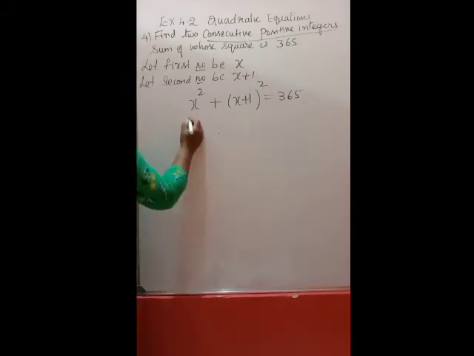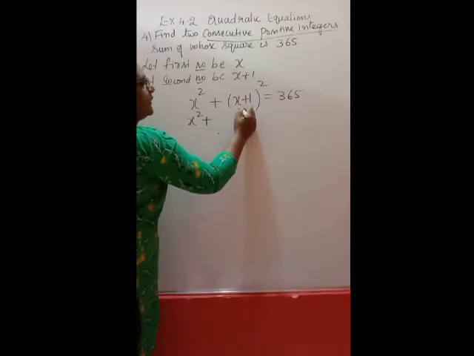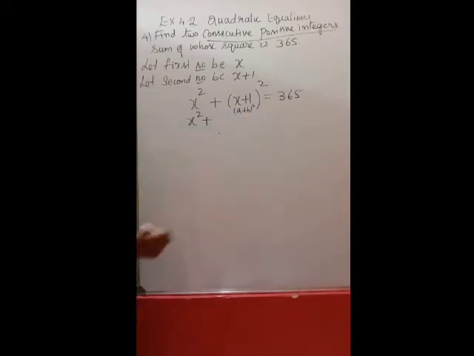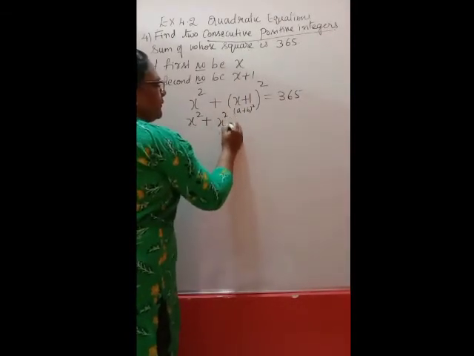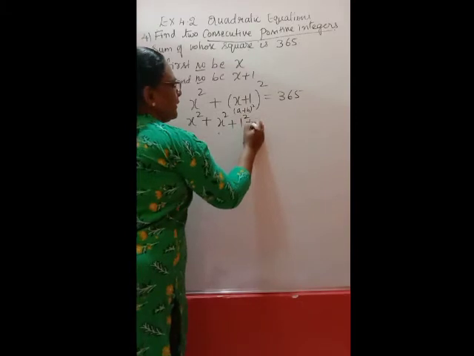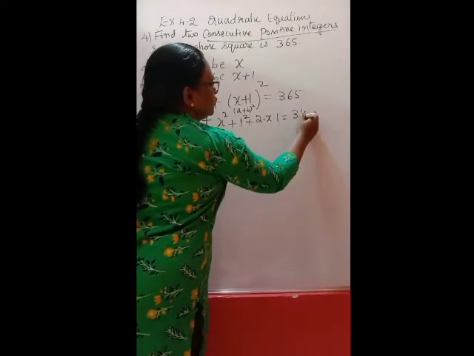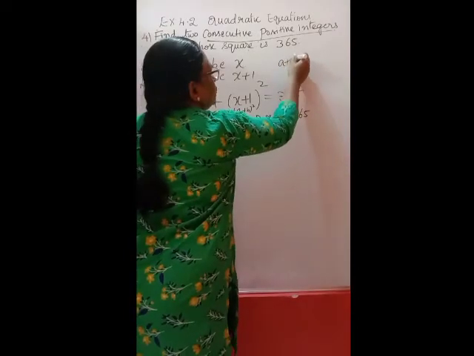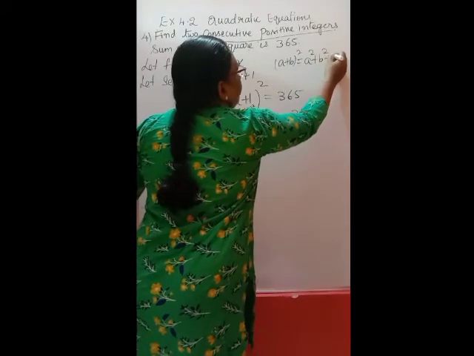Okay. Next, x square plus this one, you have to split it as a plus b whole square form. A plus b whole square is nothing but a square plus b square plus 2ab. So split this in the form of a plus b whole square. You know that a plus b whole square is equal to a square plus b square plus 2ab.